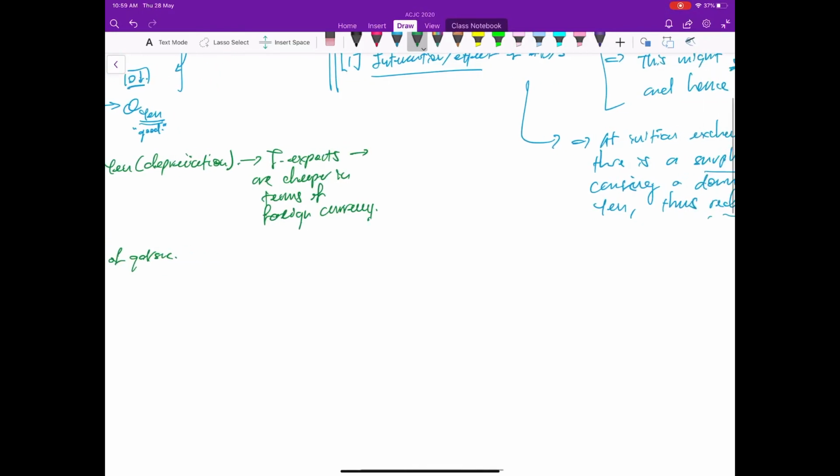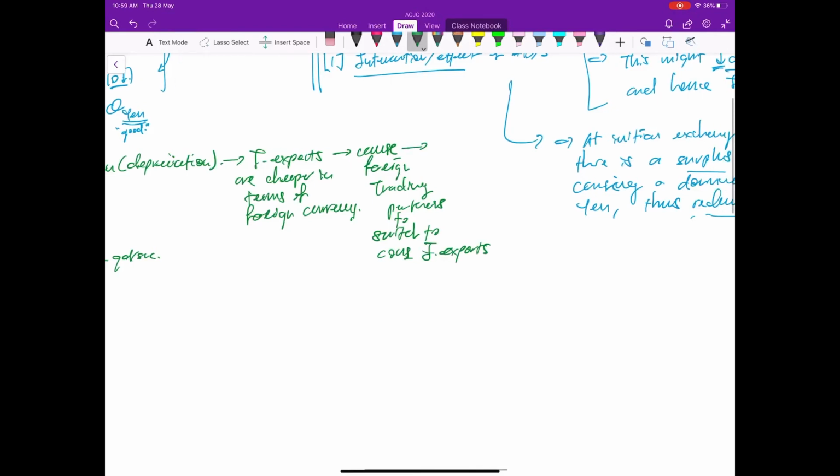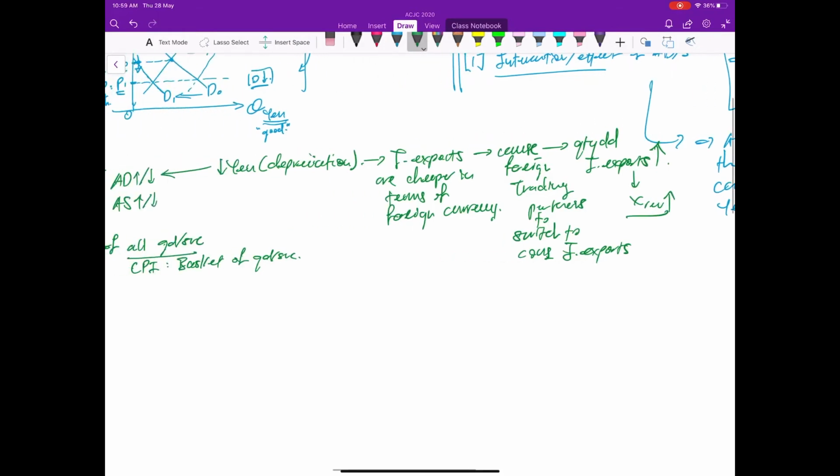This might cause the foreign trading partners to switch to consume Japanese exports, and when this happens, the quantity demanded for Japanese exports increases, increasing the export revenue, and the export revenue increases the AD.